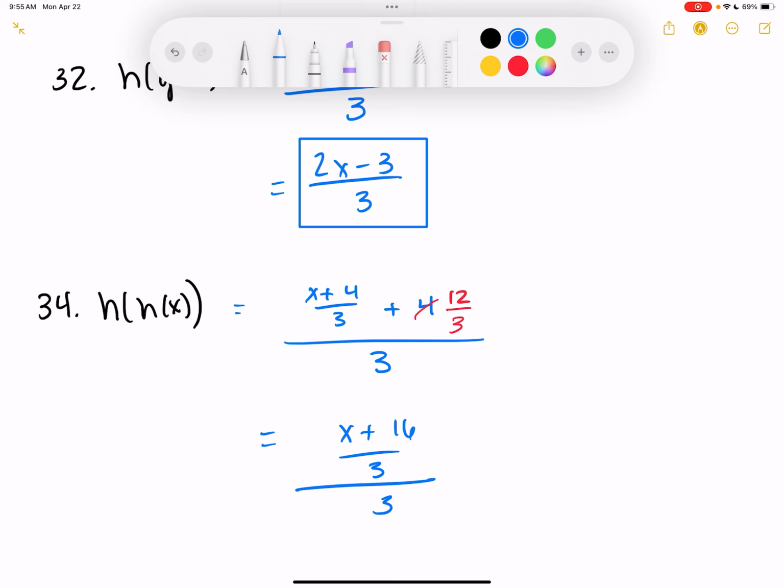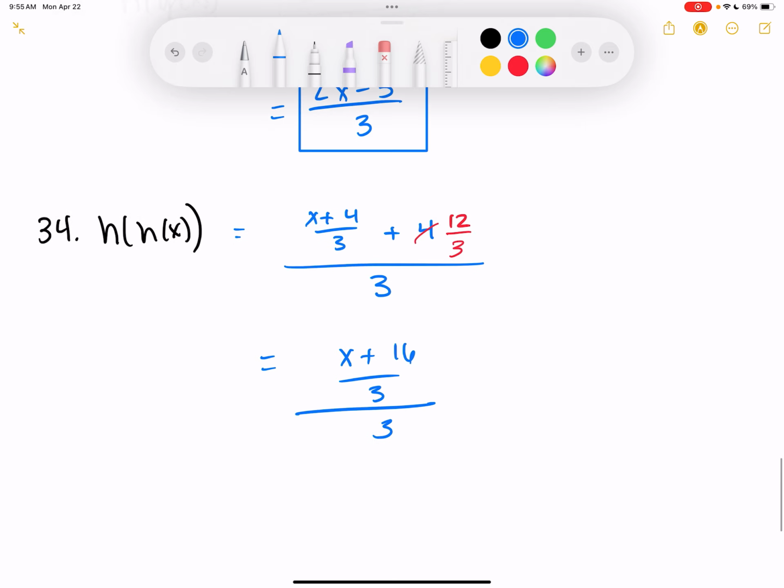Now I'm dividing by the number, so I can do the same thing I had done in one of those previous problems. So it'll be x plus 16 over 3 times 1 over 3, which is going to be x plus 16 over 9. And then I would be done.